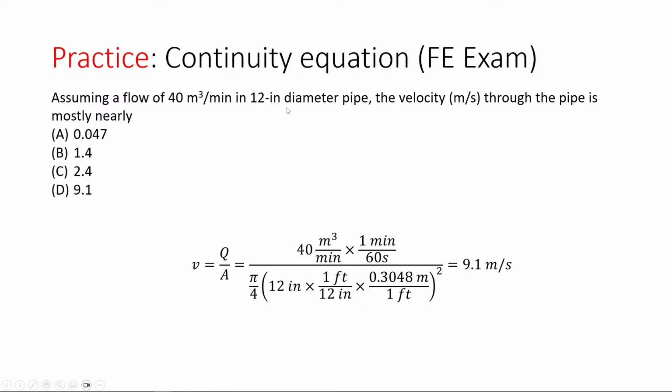So you need to convert this to meters, and this to seconds. These are basic things any engineer should be able to perform. In the exam, I will be very picky with respect to these types of things.